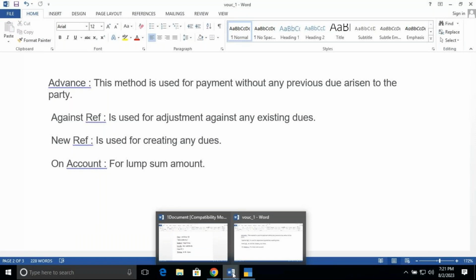So the last one is on account reference. On account reference means, see, you have bought from Alpha Traders on, let us say, 3 or 4 occasions on different dates of various amounts. You bought an air conditioner, some other stock, some other asset.